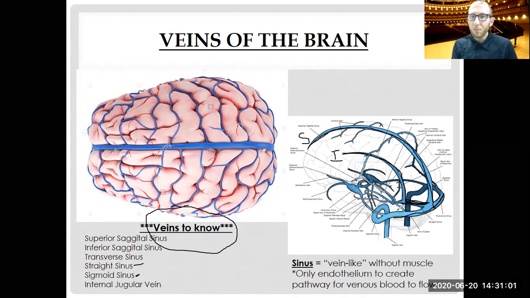Then the sigmoid sinus would be this part where it does an S curve on both sides. And now we're at the internal jugular. Down here would be the internal jugular vein. It is a pathway, so make sure you know which goes to which next.